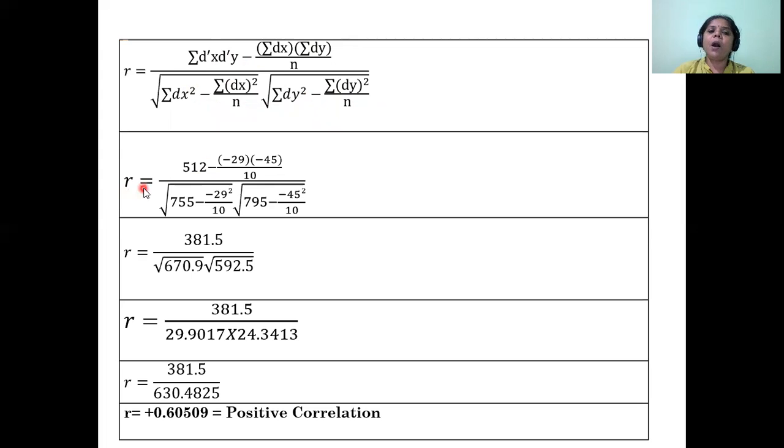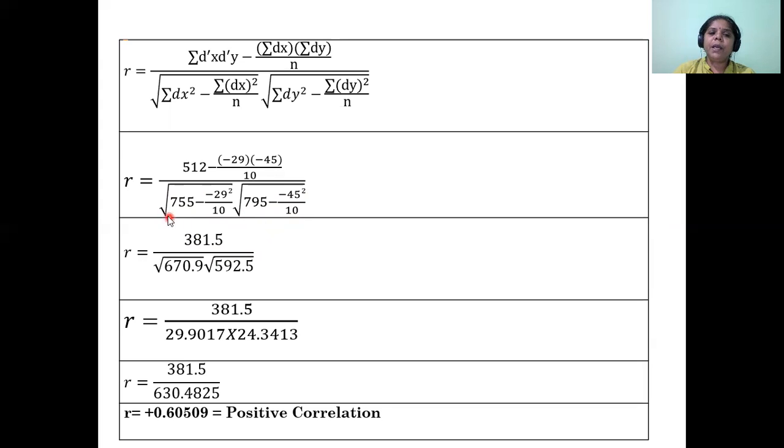So now R is equal to 512 minus 29 into minus 45 divided by n, the number of items, which is 10, divided by root of 755 minus 29 whole square by 10, into root of 795 minus 45 whole square by 10.